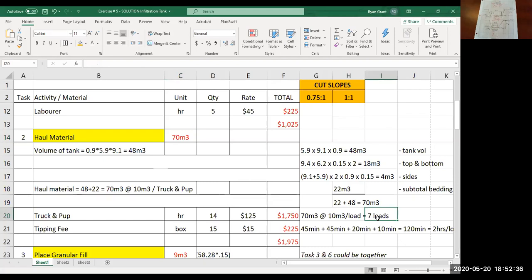So we have to haul off 7 loads. That's the number of loads. This should not be 15. If we have 7 loads, we have a truck and a pup, so that means a truck and a trailer. So it's 7 times 2 for number of boxes. So tipping fee is 14 boxes.